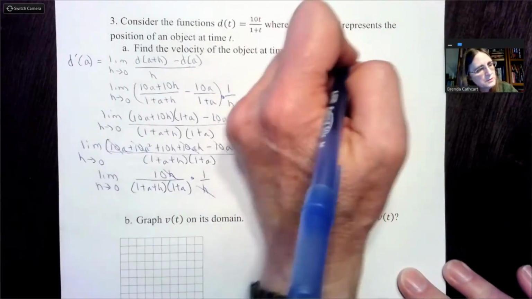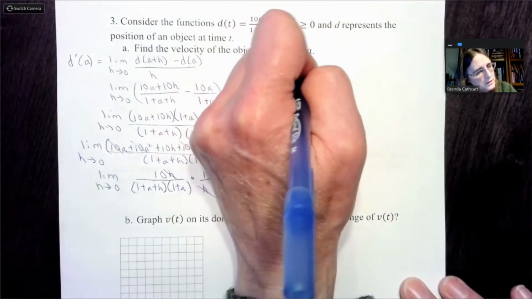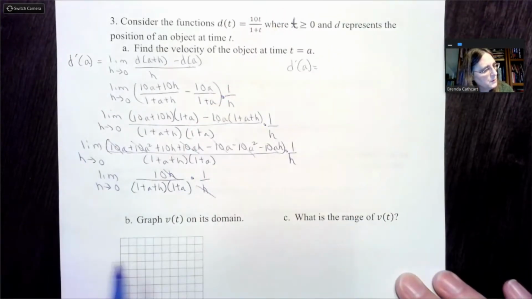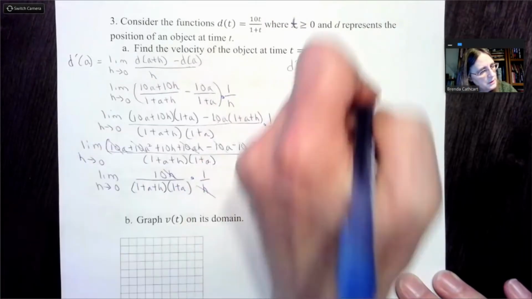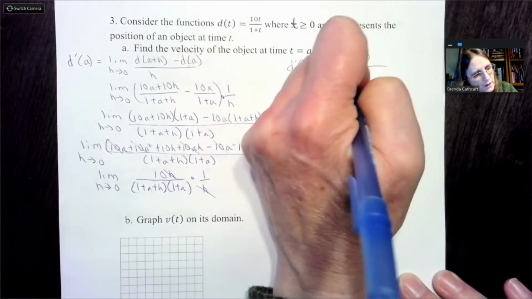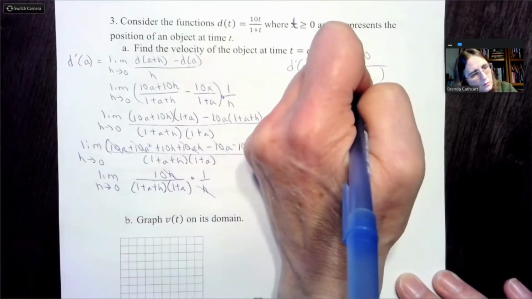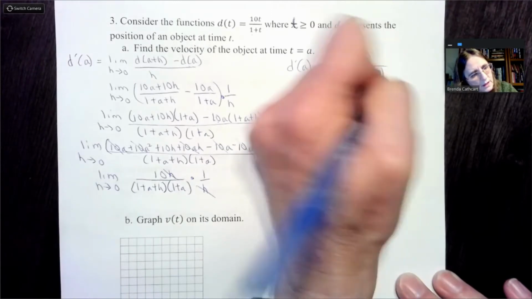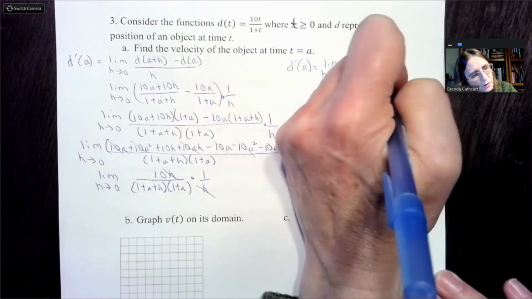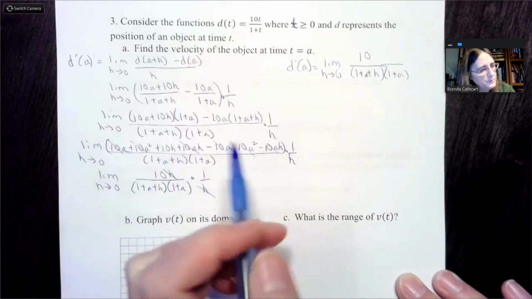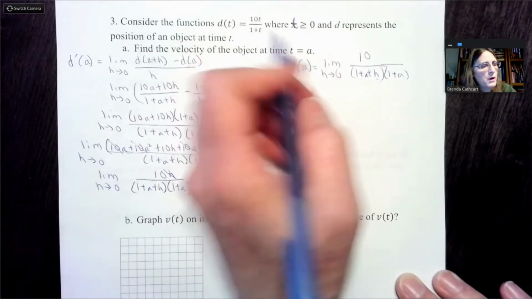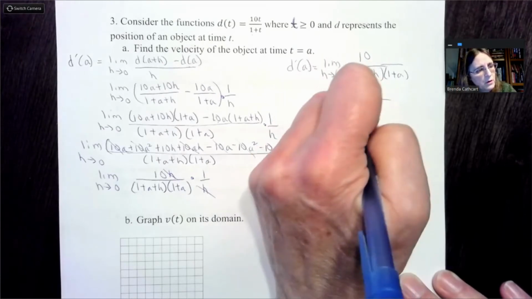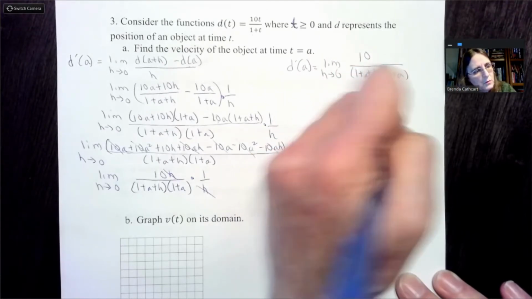So that leaves us with, to find d prime of a, the limit as h goes to 0 of 10 divided by the quantity 1 plus a plus h times the quantity 1 plus a. And now as we take h to 0, this term will drop off and we'll have 10 over 1 plus a squared.